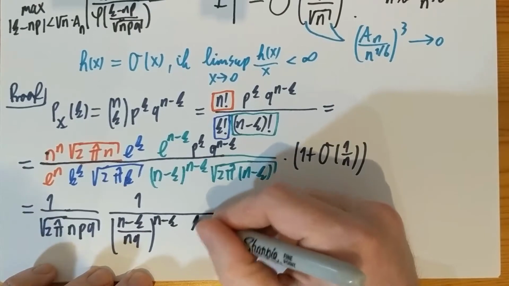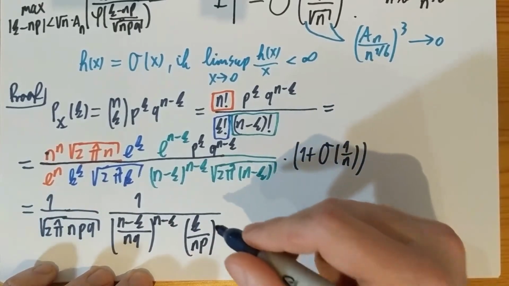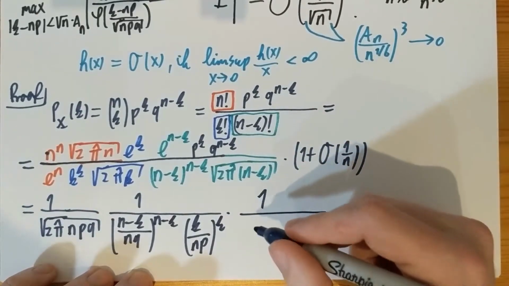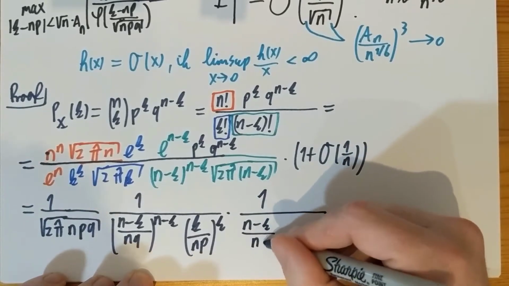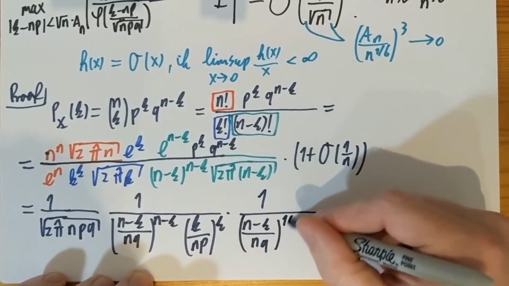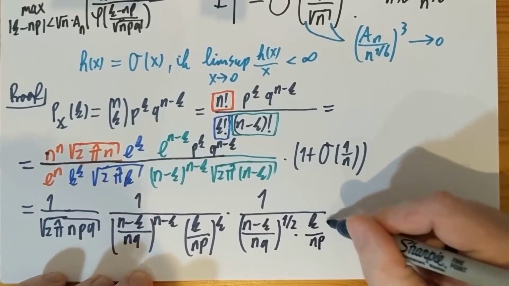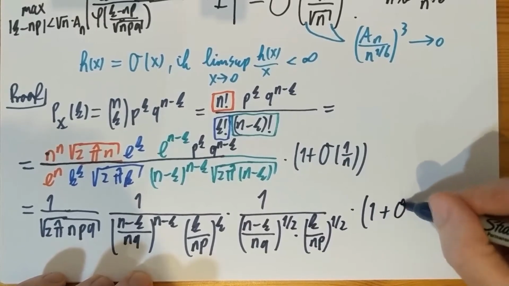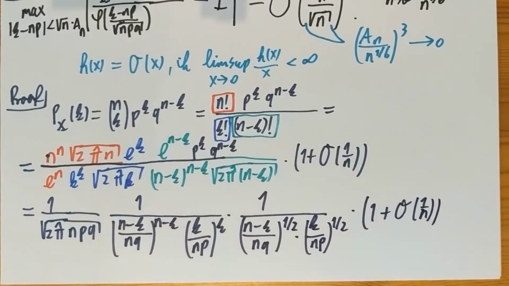Then I have (k over np) to the power of k. Then I have down here (n minus k over nq) to the power of 1/2, and then (k over np) to the power of 1/2, and the error term.